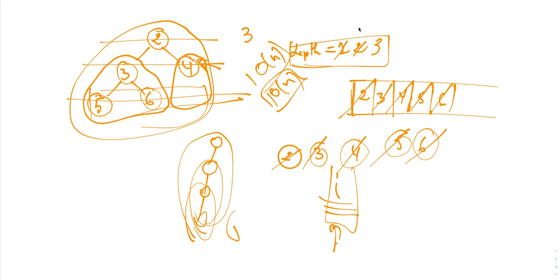And the number of leaves is (n+1)/2. So it's O of (n+1)/2, so it's O of n. So overall, in both the iterative and the recursive approach, both of them would have O of n time complexity and O of n space complexity.